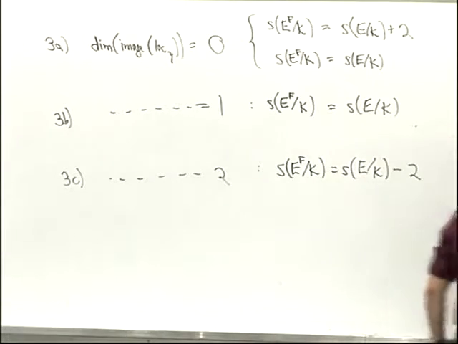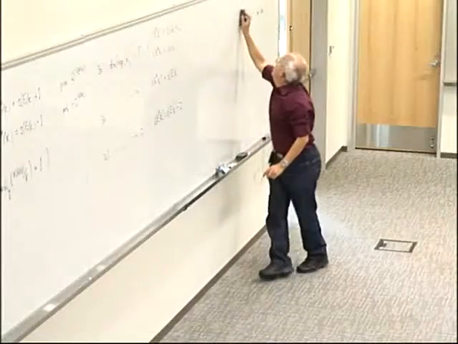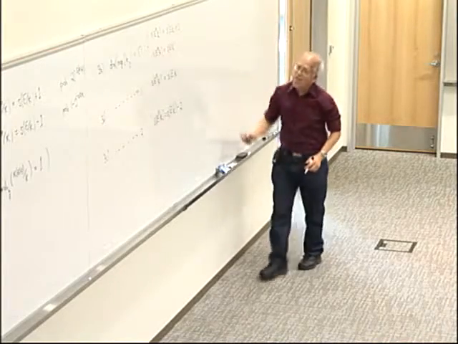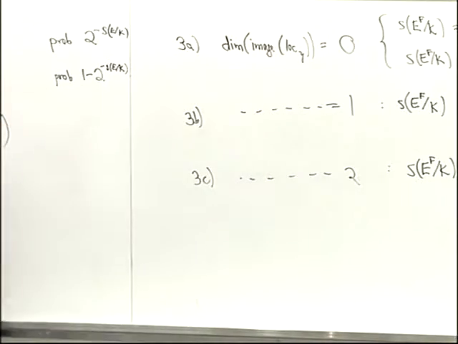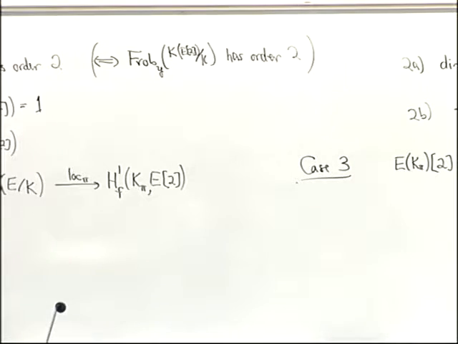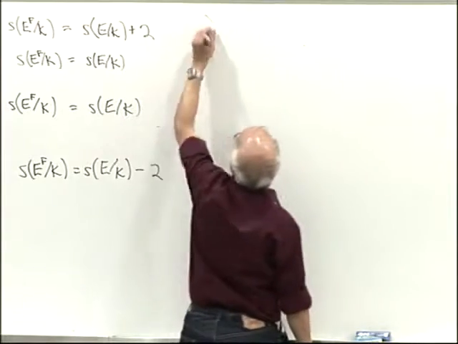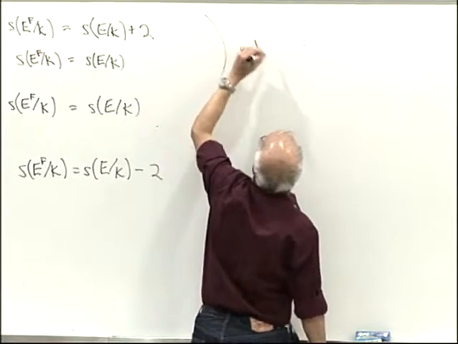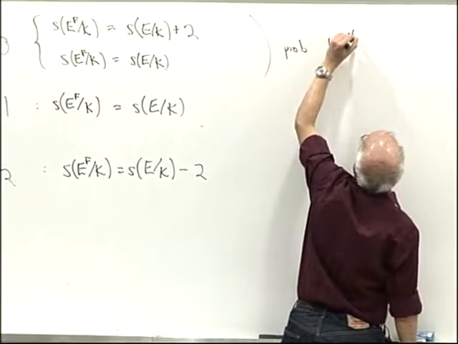And I can tell you how often these 3 cases happen. Again, this one, well, what's the chance that this map is actually 0? Well, now it's 4 to the minus s. So these 2 cases together have probability of happening 4 to the minus s.